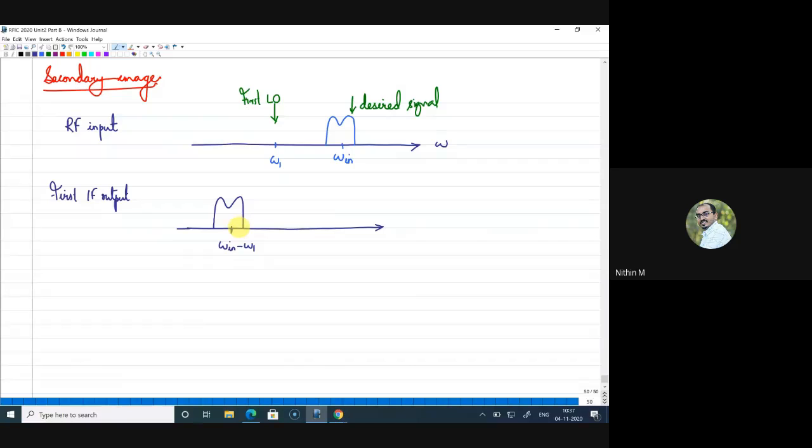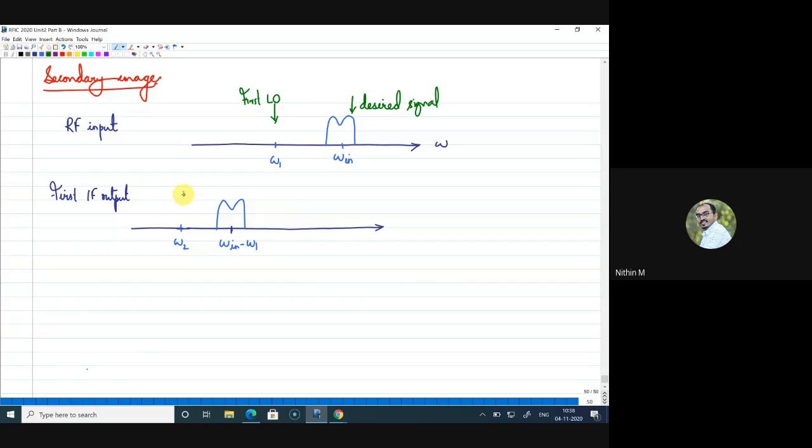Now for the second mixer, the second quadrature mixing, we have omega in minus omega 1, and the second LO frequency is somewhere at this point, at omega 2.